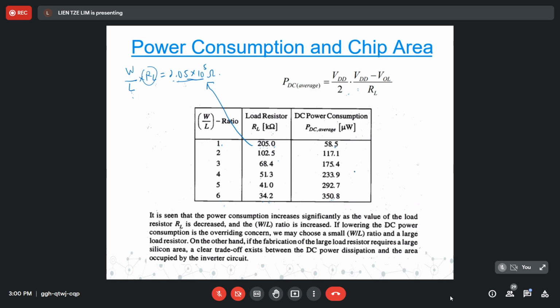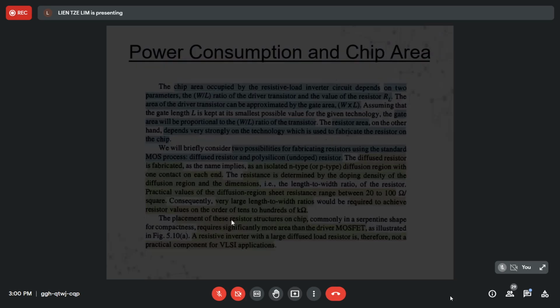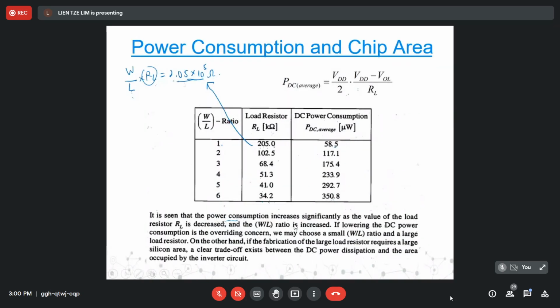There is a statement given here. Power consumption increases significantly as the value of the load resistor RL is decreased and the width over length ratio is increased.